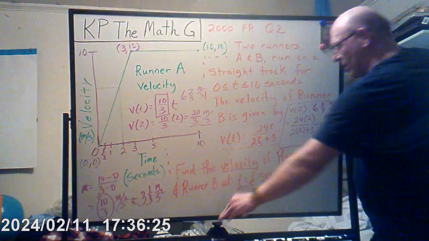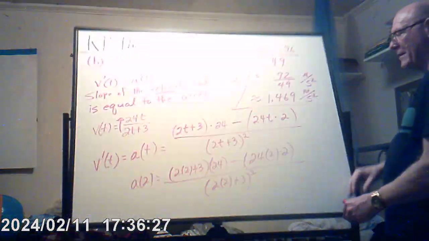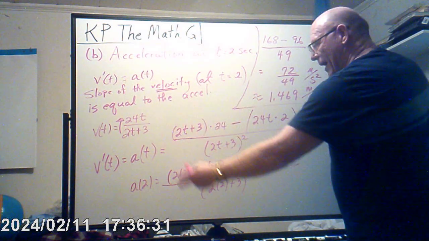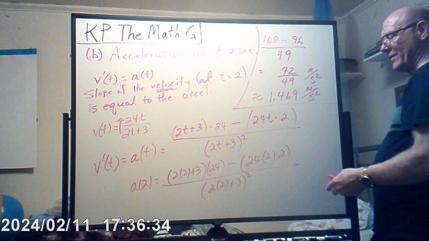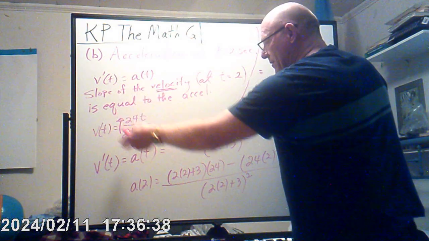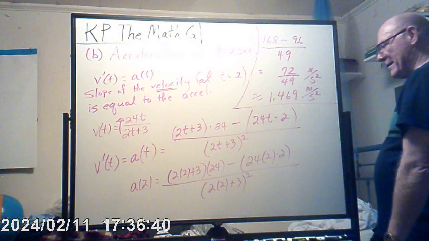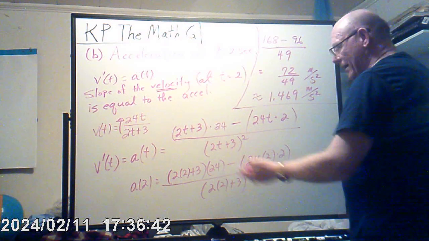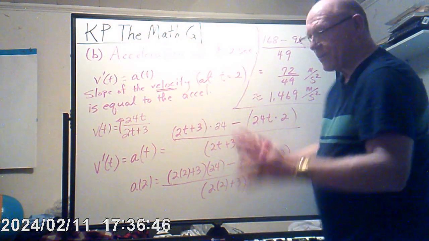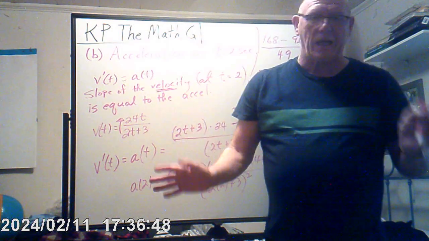And then on the other side, we had to do this problem here. We had to take the derivative of v, which is 24t over 2t plus 3. Once you find this derivative, I would not try to group all this stuff together. First of all, you don't have a lot of time on these tests.